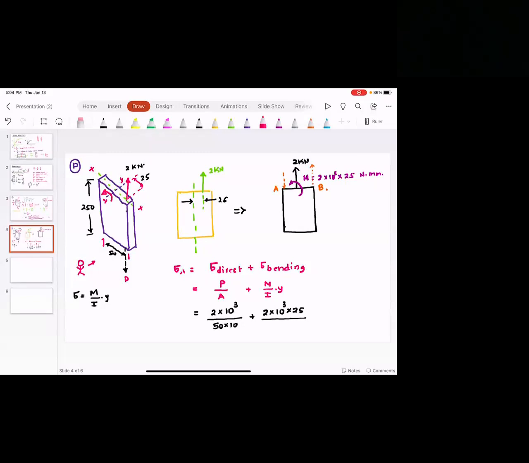So I need to find I_y, because the moment is about y.